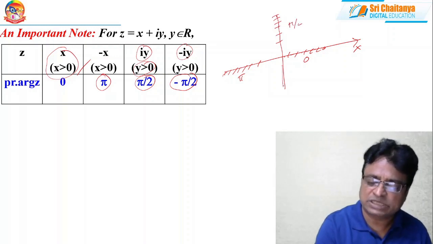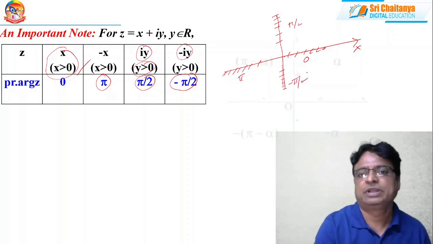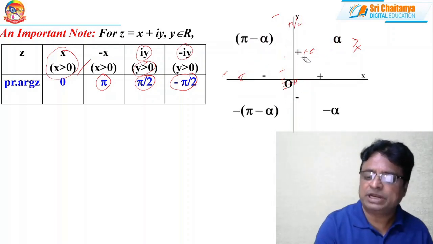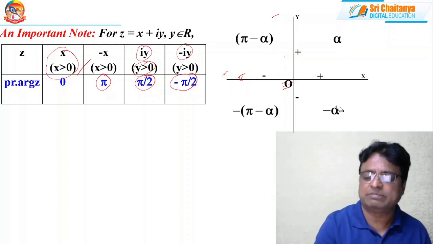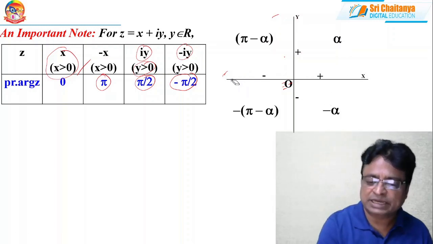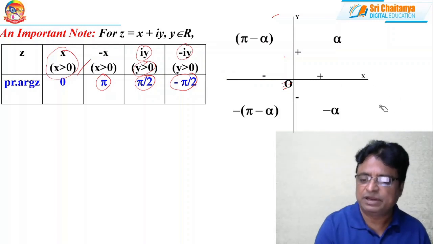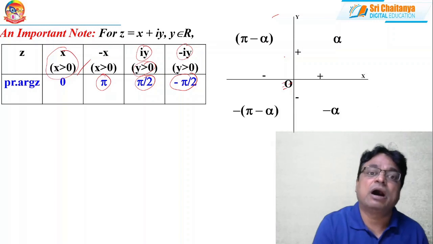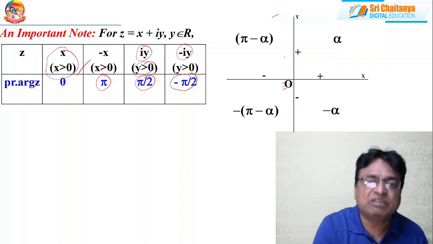The argument of all complex numbers which lie on the imaginary axis, below the origin, what is it? Minus pi by 2. This is an important, easy way to find the argument of a complex number. Please practice this graph table, and with the help of the graph you can write the argument of complex numbers in a quick manner.